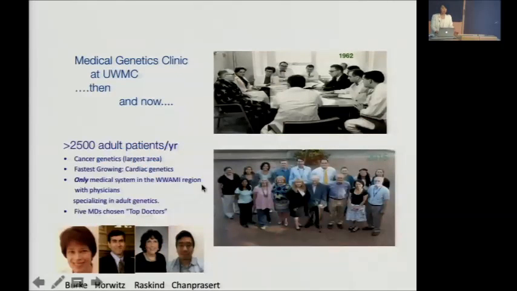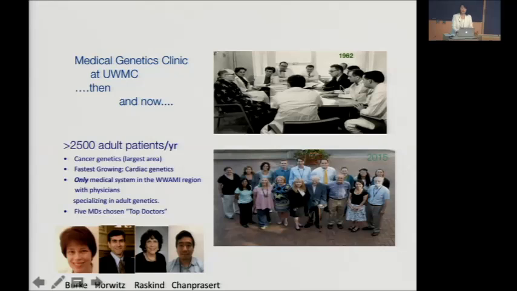I also want to talk today about the Medical Genetics Clinic and the Division of Medical Genetics here at the University of Washington, which I consider to be a true jewel in the crown that is the Department of Medicine. The Medical Genetics Clinic was actually founded here in 1959, only a few years after the elucidation of the double helix structure of DNA by Watson, Crick, Franklin.